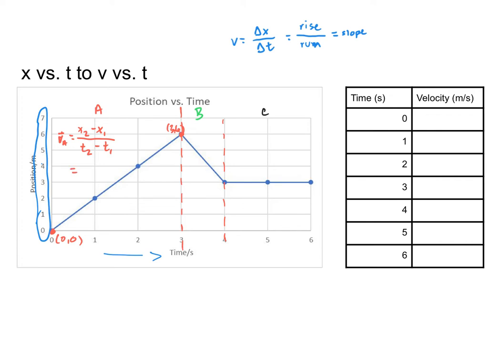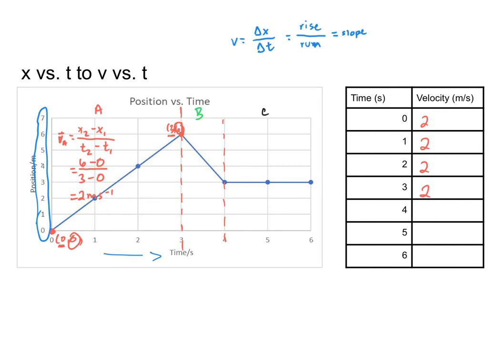My final position is 6 and my initial position is 0. My final time is 3 and my initial time is 0, giving me a velocity for these first points of 2 meters per second. So for 0, 1, 2, and 3 seconds, my velocity is 2.